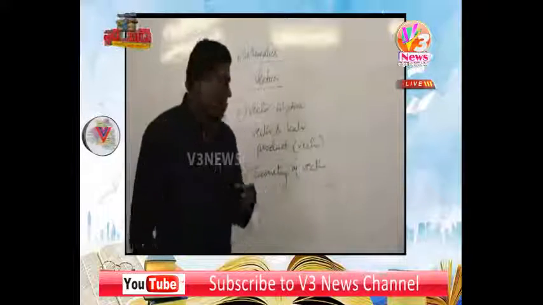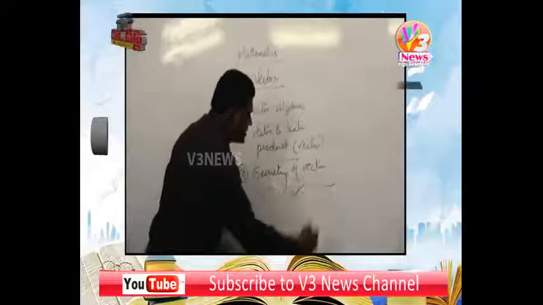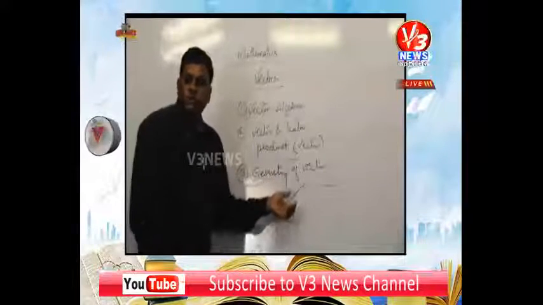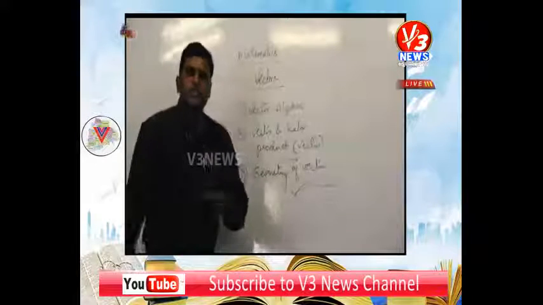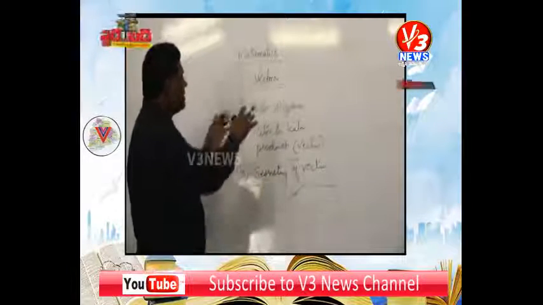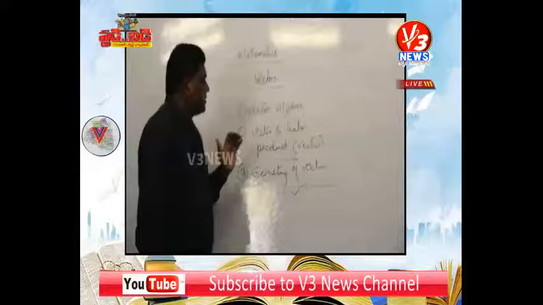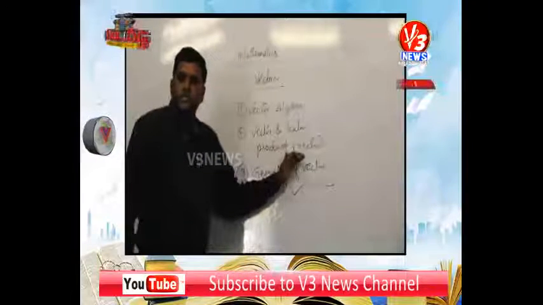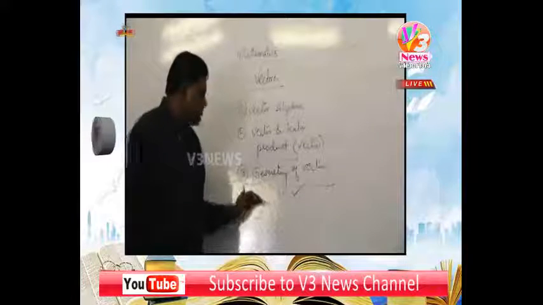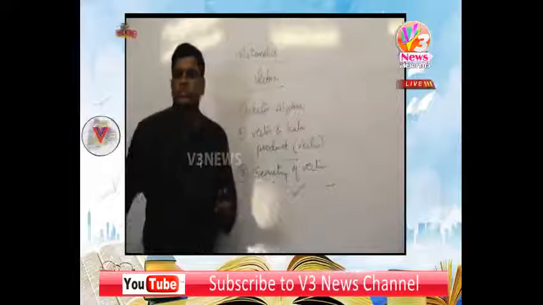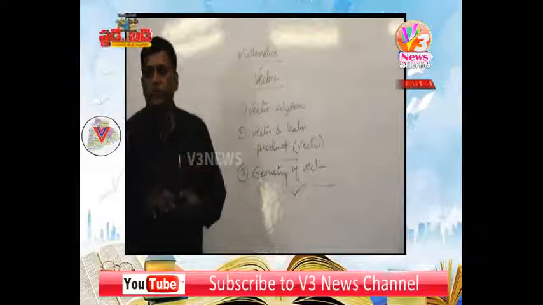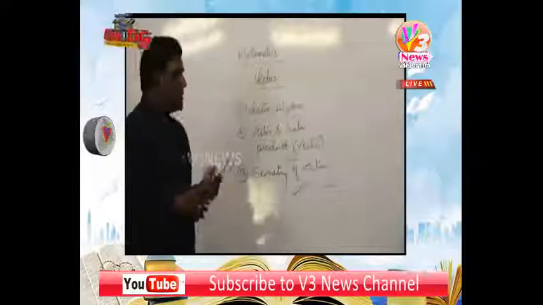That's why we have to focus especially on the geometry of vectors also. So for your convenience, I am dividing this entire vectors chapter into 3 different parts: vector algebra, various products related problems, then geometry of vectors. These are the 3 areas we are going to cover in this vectors chapter.